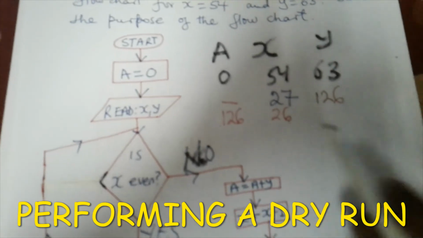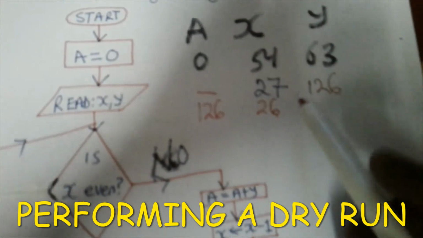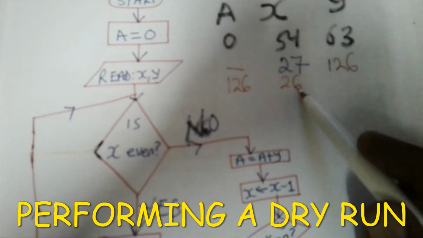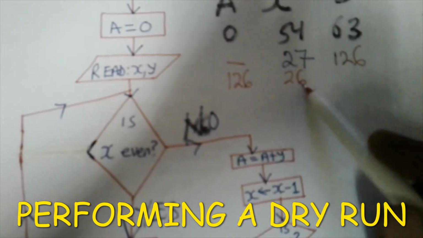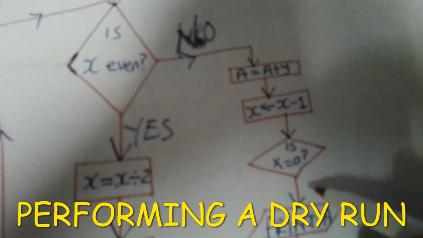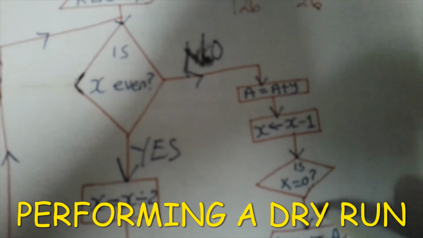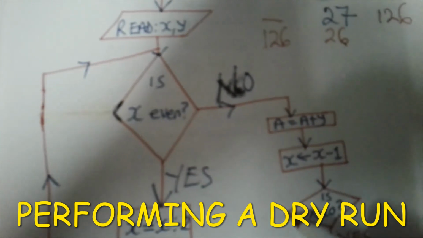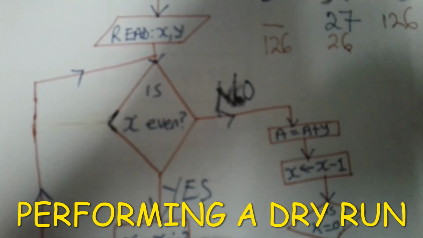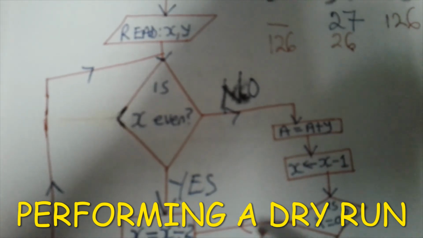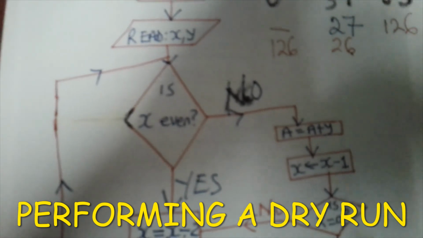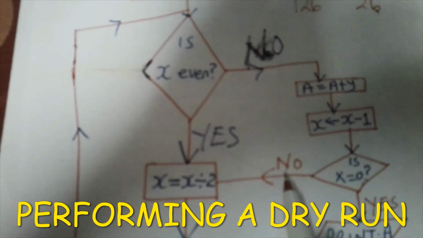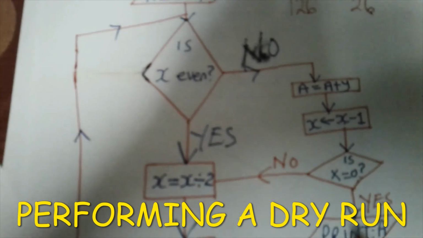Reduce x by 1. Is x 0? For instance, is 26 0? No. So in our flow chart, we have x equal to 0, we have a no, then a yes.